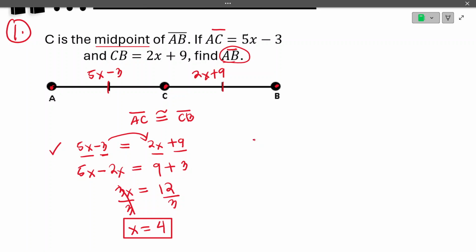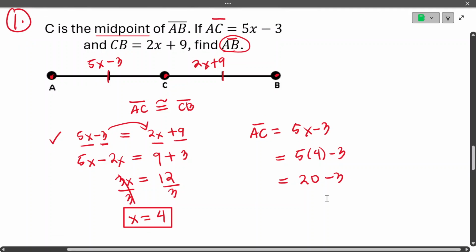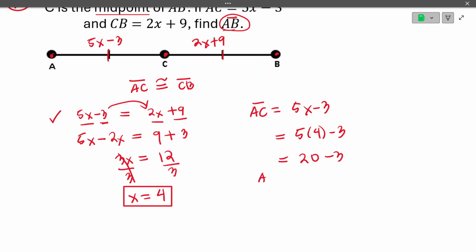Now, uunahin muna natin si line segment AC. Line segment AC is 5x minus 3, and we know that our x is 4. So 5 times 4 minus 3. What is 5 times 4? It's 20, minus 3. So here, we have obtained already what is line segment AC.